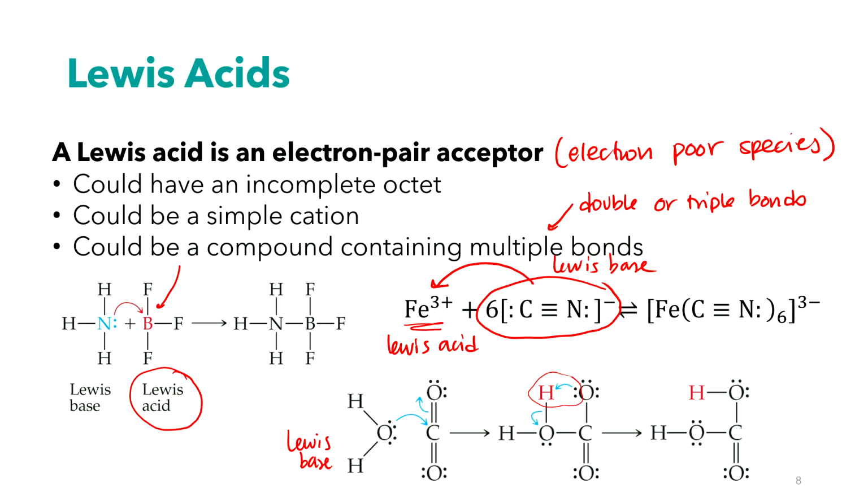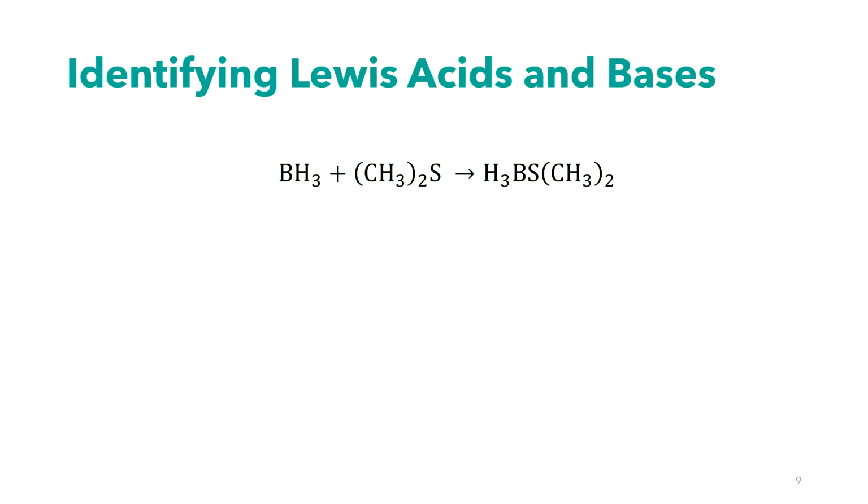All right? So what you might see on an exam, okay, is a very specific question where we'll say, hey, identify the Lewis acid and base in the following reaction. We will specifically call out that we're looking for, by definition, a Lewis acid or a Lewis base.